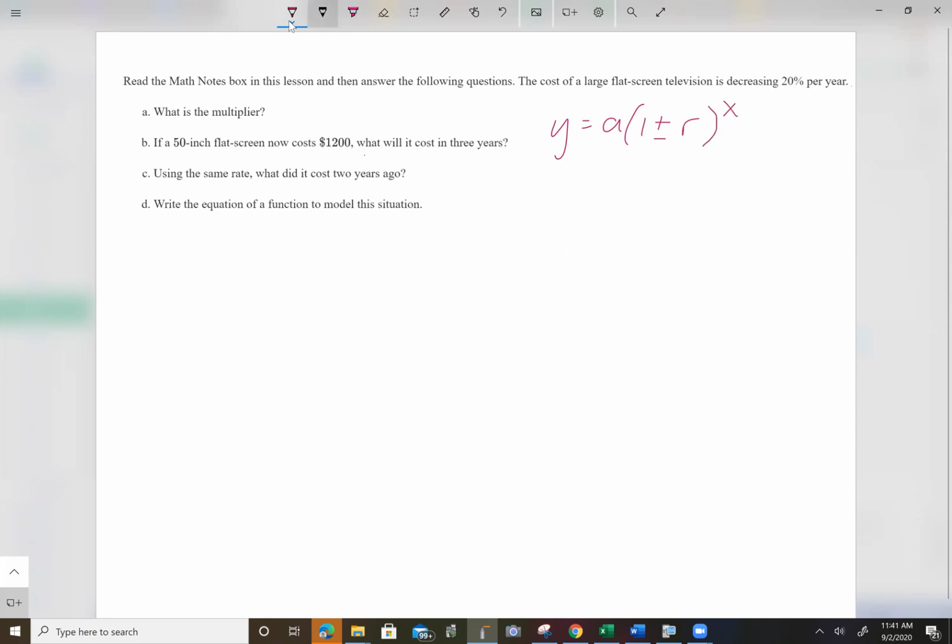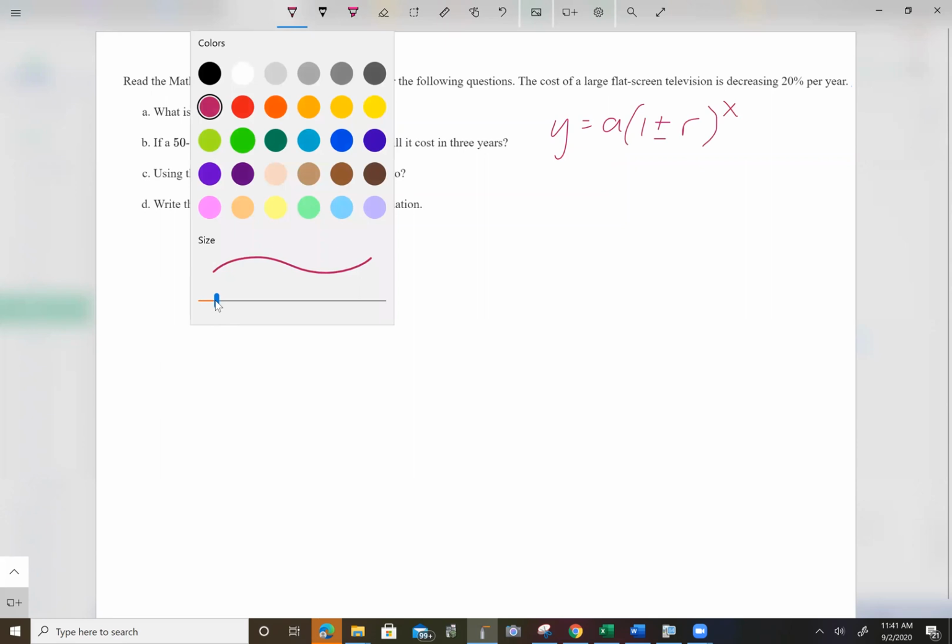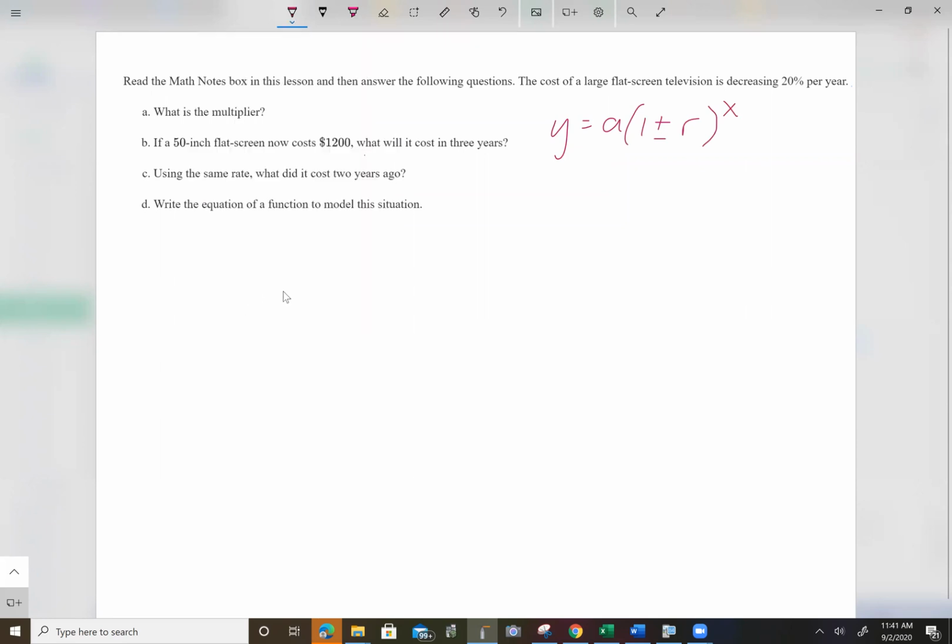I always remember exponential equations: the x is in the exponent. That's what makes it an exponential relationship, because later on this year we're going to be talking about quadratic relationships, which have an exponent too. It would be x squared. But exponential relationships, you can always tell because the x is actually in the exponent, to the power of x.